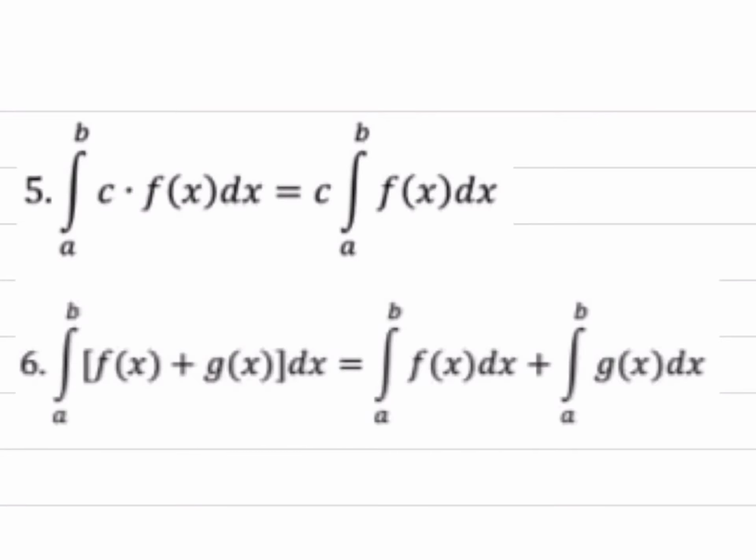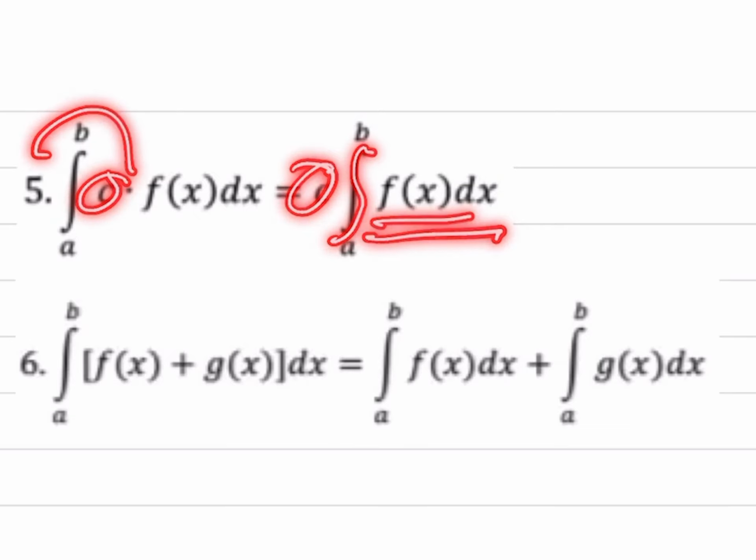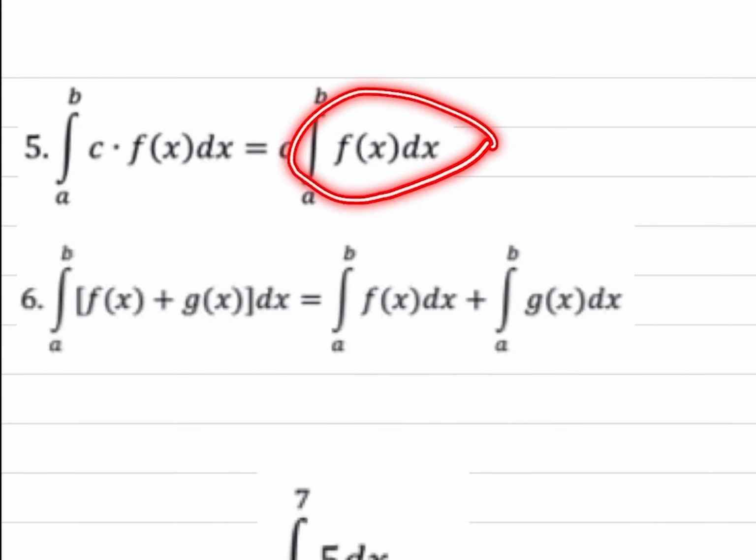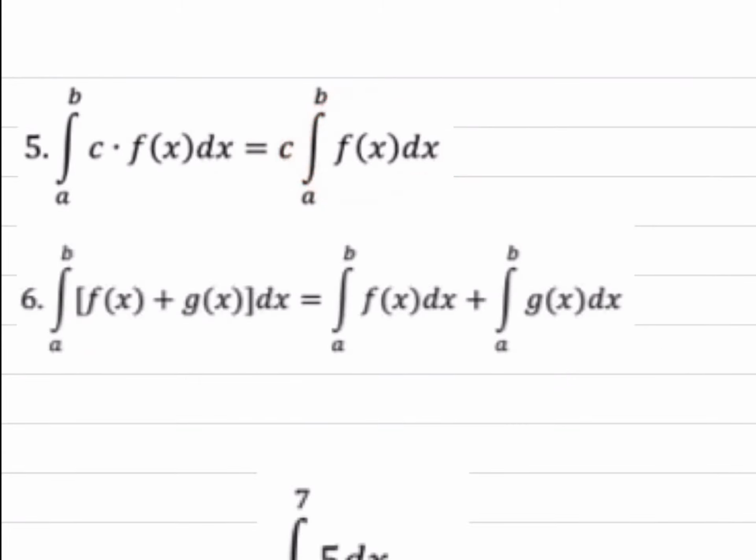We now proceed to property number 5. The fifth property says if we are taking the integral of the product of a constant and a function, we can just pull out the constant and evaluate the integral of the function. Then after integrating the function, evaluated from a to b, we simply multiply it by this constant c.